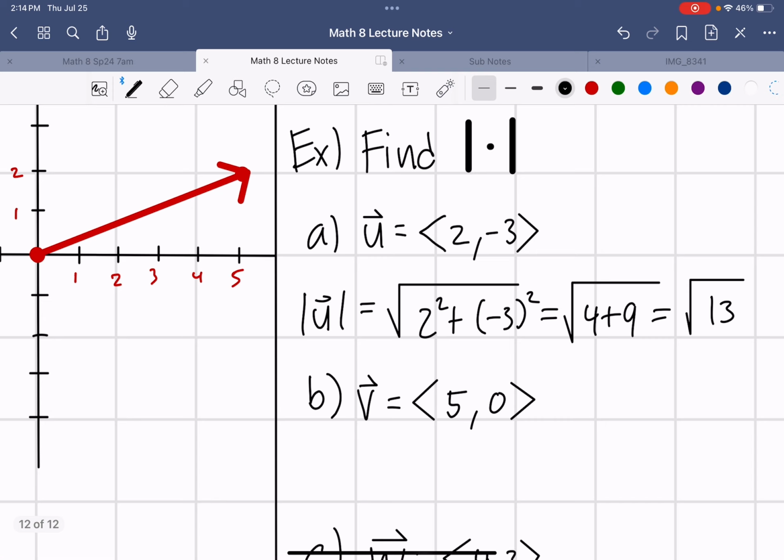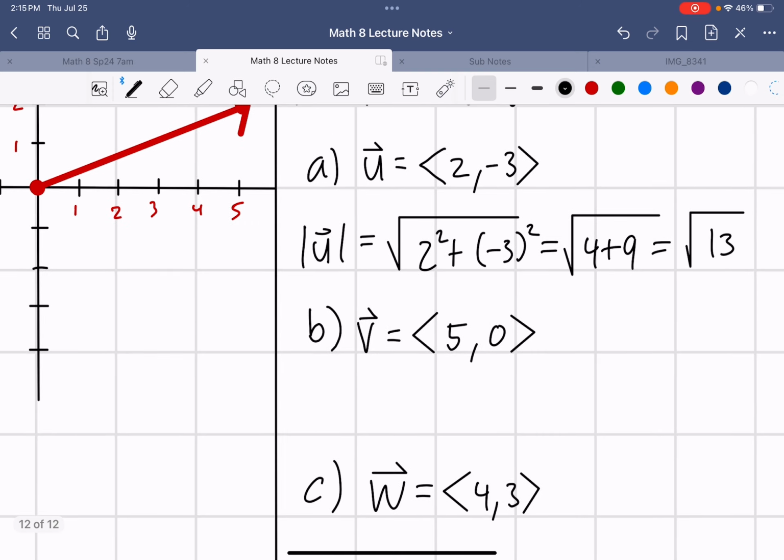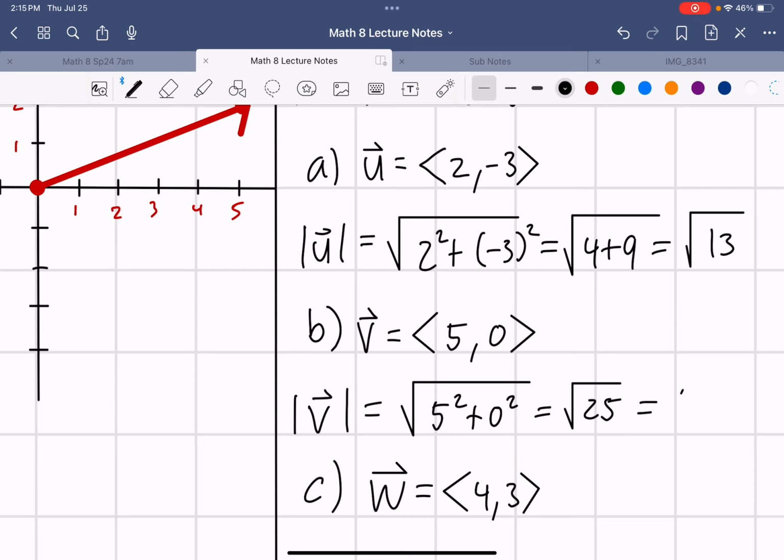Next example, we'll have the square root of, here, magnitude of v. I forgot to, my eyes were getting mixed up. So the magnitude is 5 squared plus 0 squared. That's just going to be the square root of 25, which is just 5.